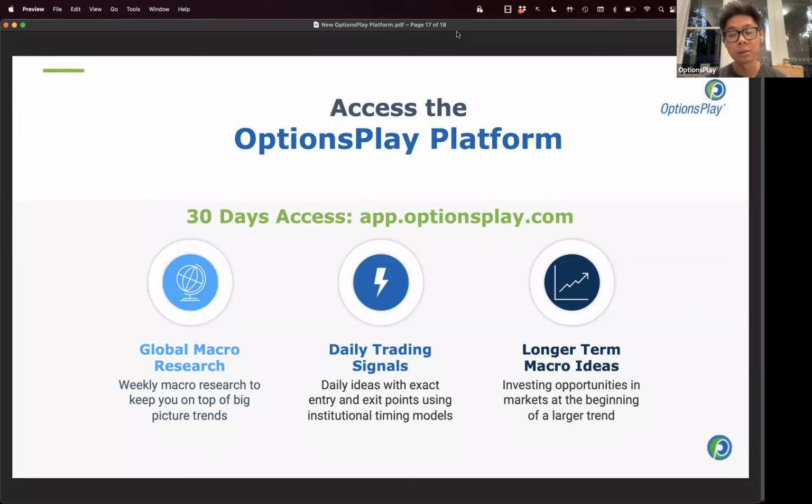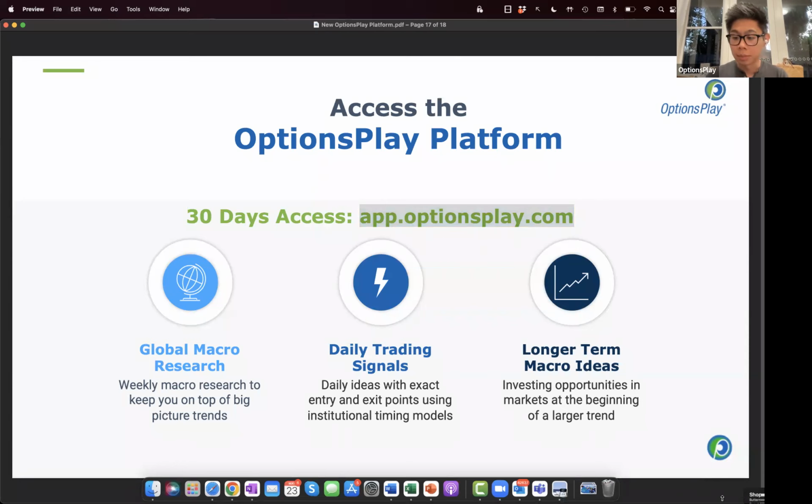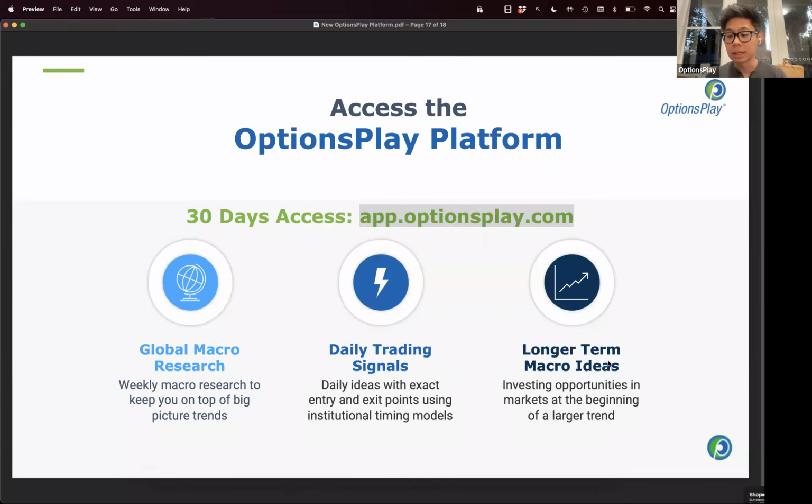All of this is available to you here at OptionsPlay. If you're watching this webinar today, you already have access for 30 days. You just simply log in at app.optionsplay.com. We will post this link into the chat window so that you can log in immediately after today's session and take a look.